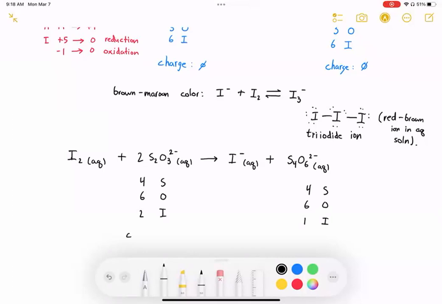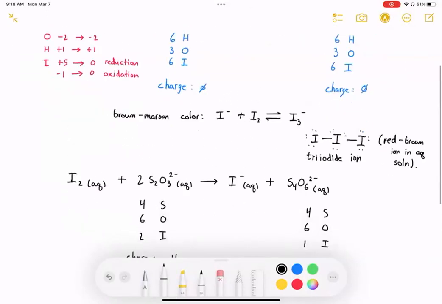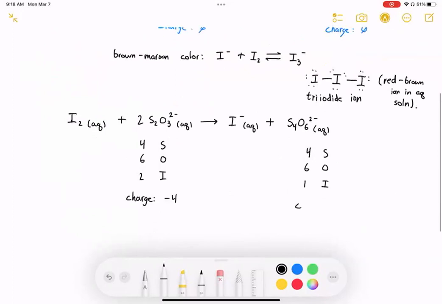And the charge here is now -4. And the charge here is -3. Okay, so to balance this reaction, we should put 2 on the right side because we have only 1 iodine on the right side. So let's put 2 there.